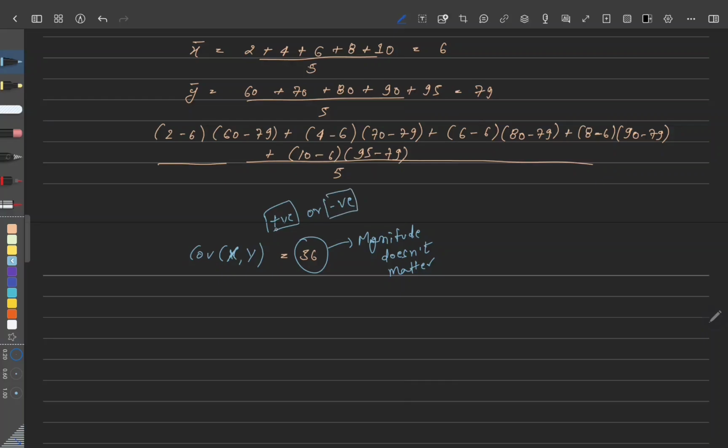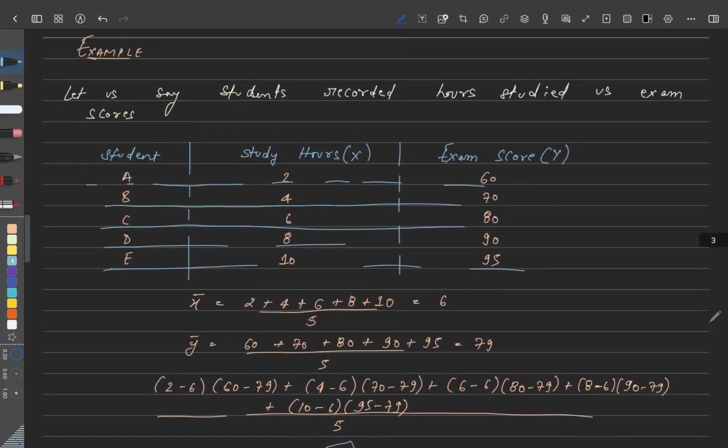So if this is positive, which this is, it means that there is some relationship between the study hours and exam scores which is positive. So we are looking at a positive relationship, which means that in this data set for which we calculated the covariance, if the study hours are increased, exam scores will also increase.